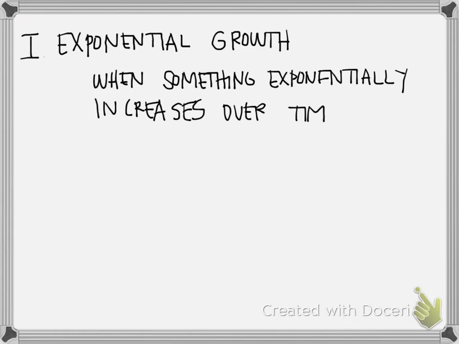Okay, so the formula for exponential growth is y equals some initial amount times 1 plus a growth rate, and that is all going to be raised to your time t.